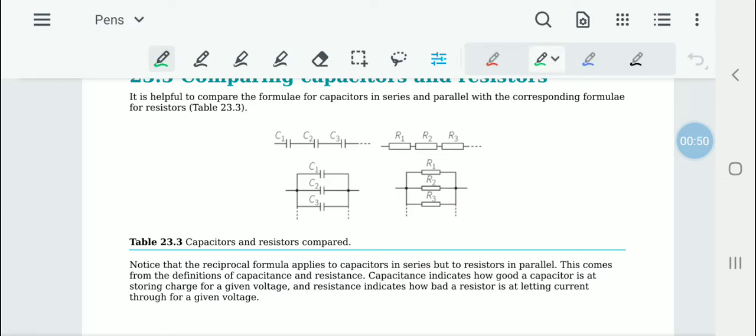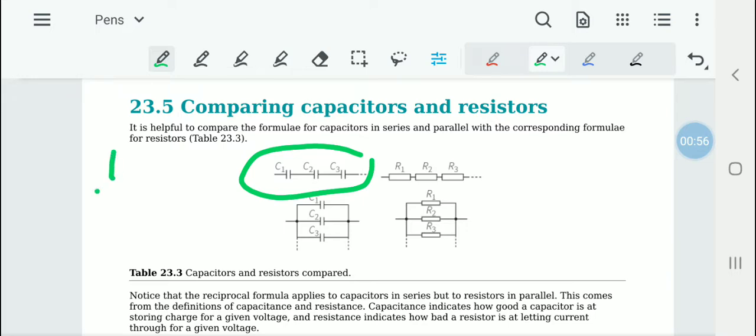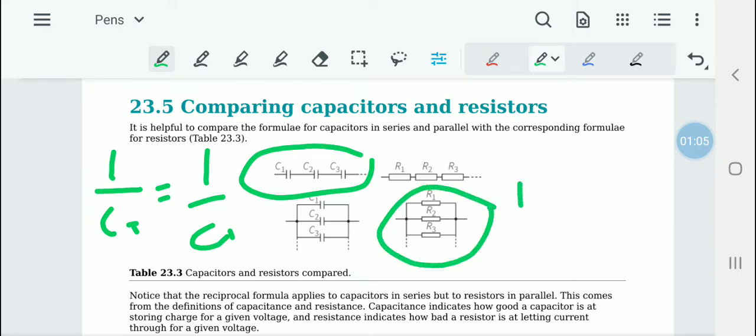For example, for this one, the equation is 1 upon C total equals 1 upon C1, etc. Right? For this, it would be 1 upon R total is equal to 1 upon R1 plus 1 upon R2.